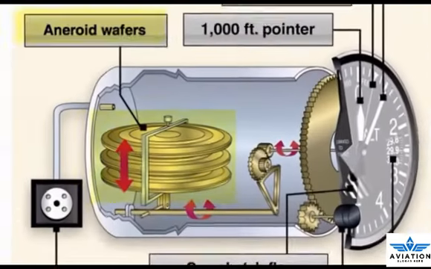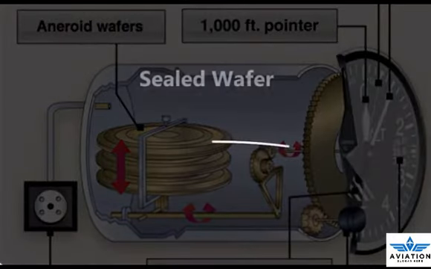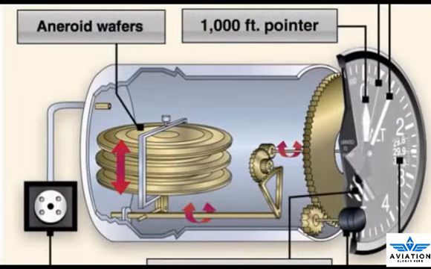A stack of sealed aneroid wafers comprises the main component of the altimeter. An aneroid wafer is a sealed wafer that is evacuated to an internal pressure of 29.92 inches of mercury. These wafers are free to expand and contract with changes to the static pressure.